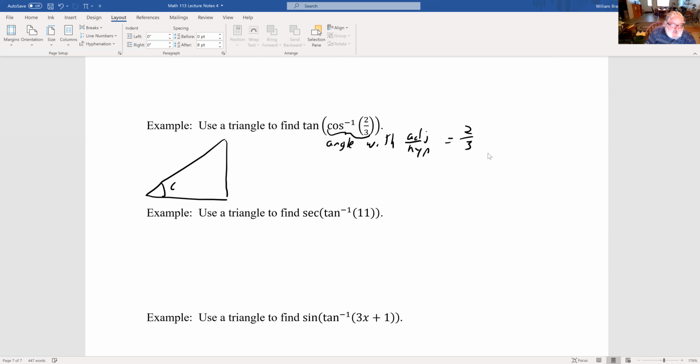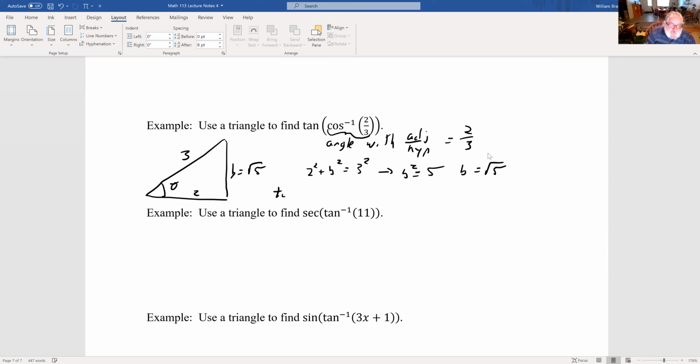Here's my angle theta. I want adjacent to be 2, hypotenuse to be 3. What's the third side, which I'm going to call B? Well, 2 squared plus B squared equals 3 squared. So 9 minus 4, B squared equals 5. So B equals square root of 5.